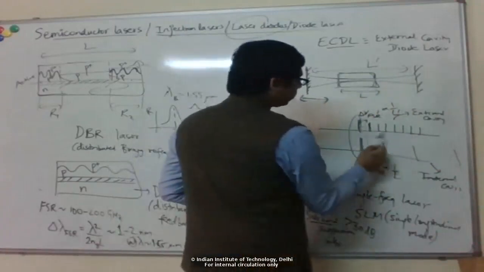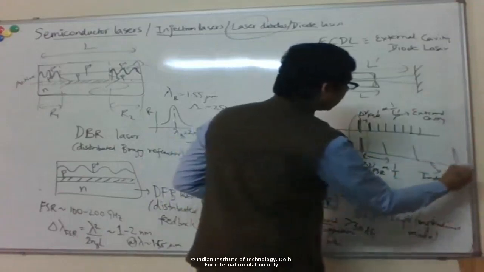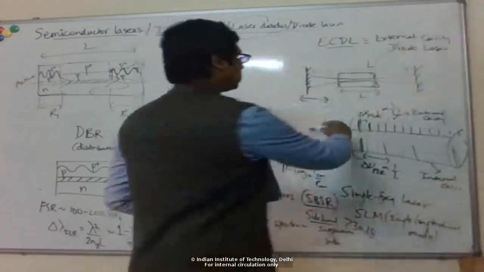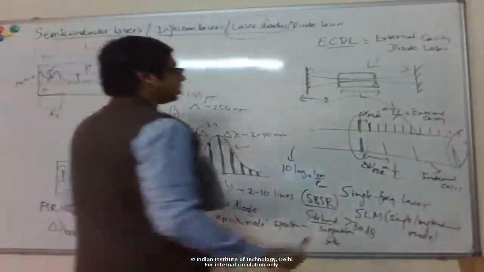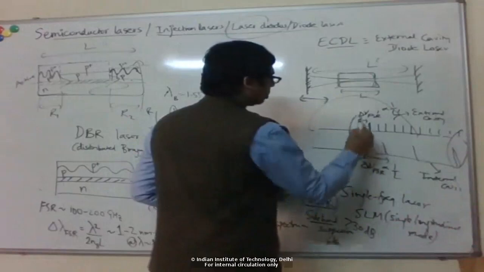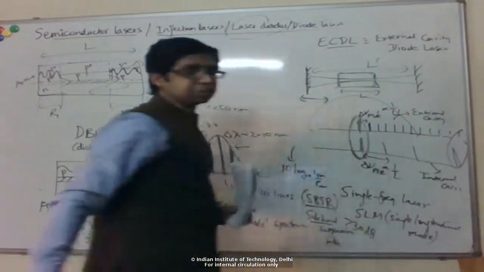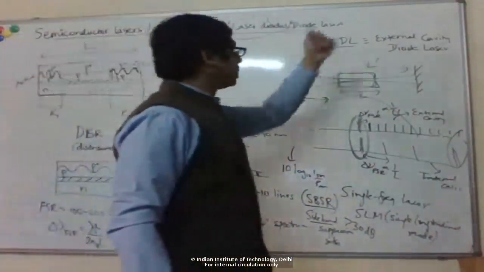And if you ensure that these are not some multiple of this, then the next mode which will line up will be very far away, let's say outside your gain bandwidth. Right, so by this external cavity, you can ensure that only one particular mode lases. So that's another way of making a single frequency laser, the external cavity.